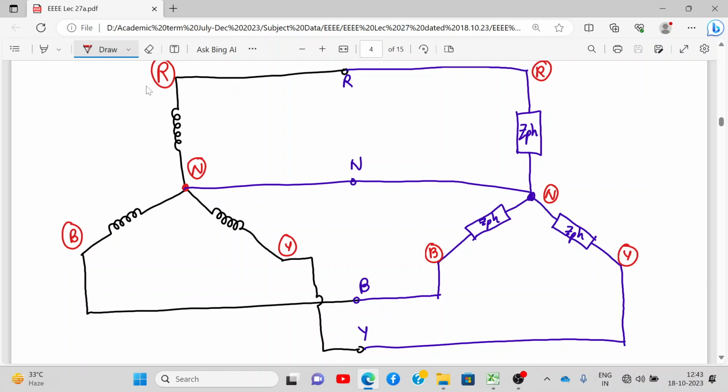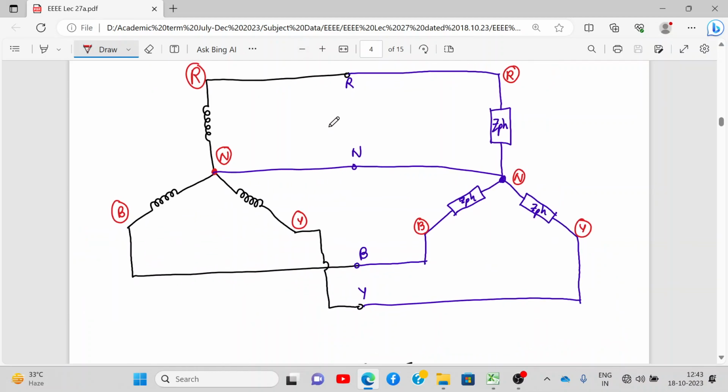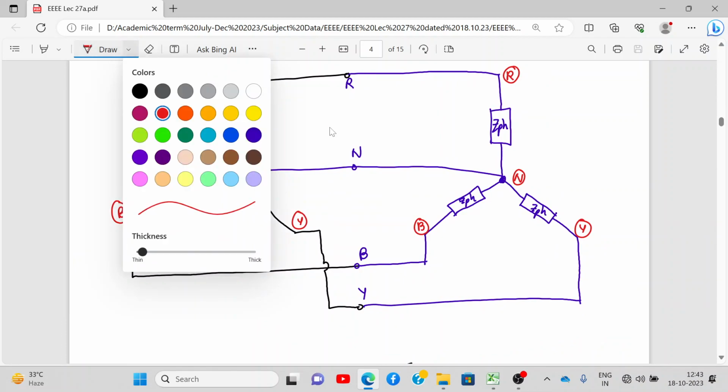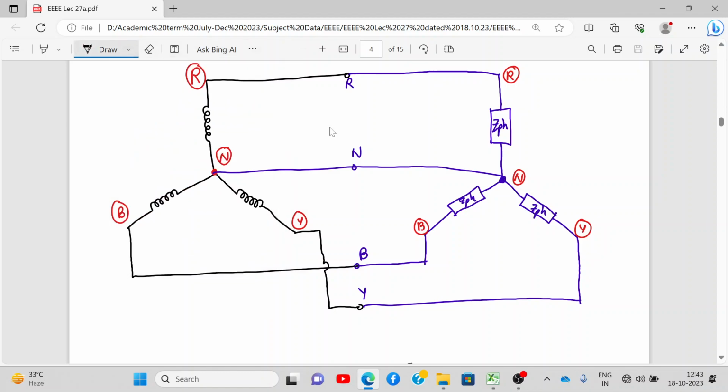So I have a star connected three-phase supply and I have a star connected load. You're drawing along with me, right? So this side, we call it the three-phase star connected supply. And this is called the load.